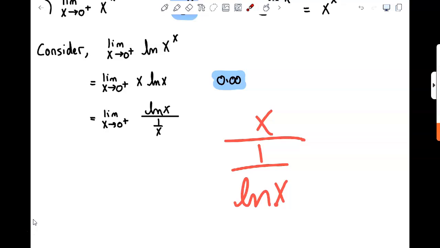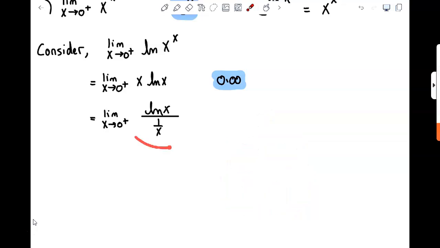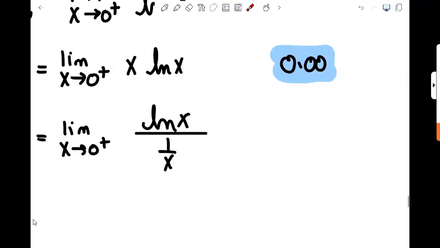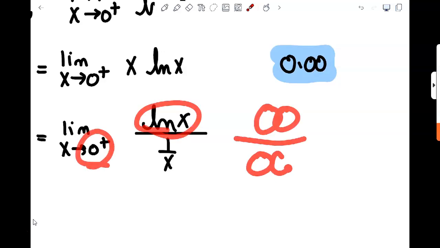We can do that, but darn it, 1 over ln of x is going to require us to do the derivative with the quotient rule. That's going to be kind of yuck. Whereas this way, the 1 over x in the bottom is much easier to differentiate. So we make that step, and that transforms this into an infinity. Ln is going to go to infinity. 1 over x, as x goes to 0, is going to go to infinity.